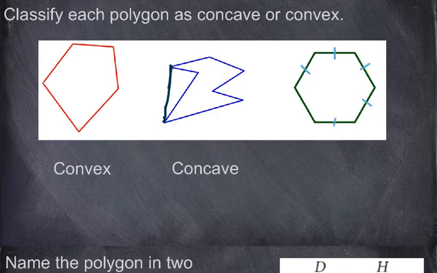Now again, with the markings, as we learned before, if it's the same amount of markings, that means they're all congruent. So in this case, not only is it convex, but it's also regular. It's a regular convex polygon. Okay? So again, we need to know the difference between convex and concave.